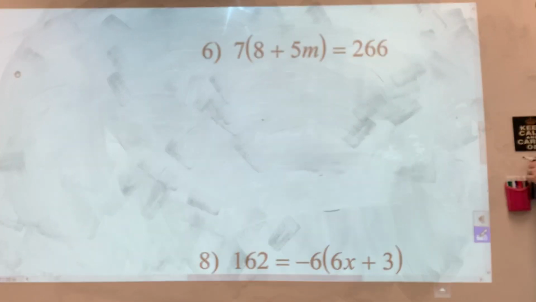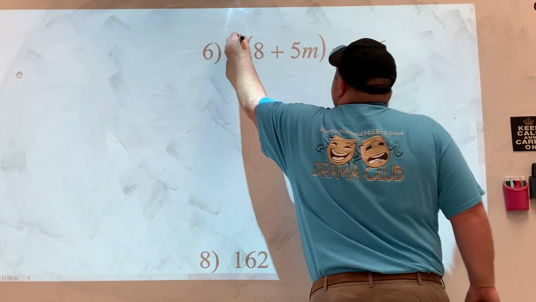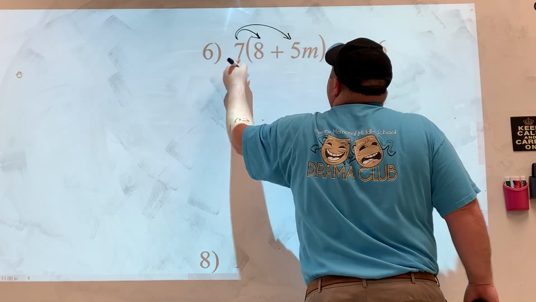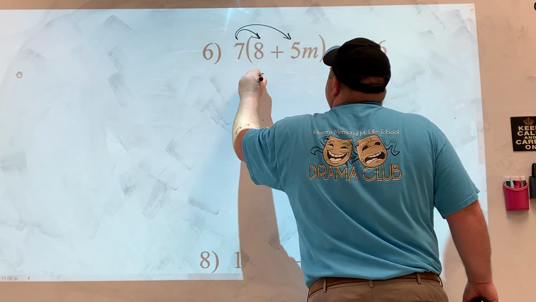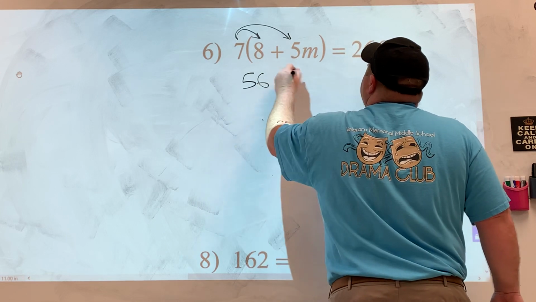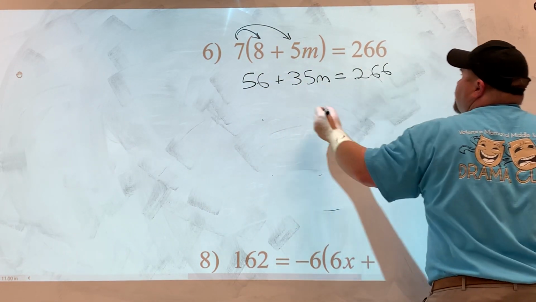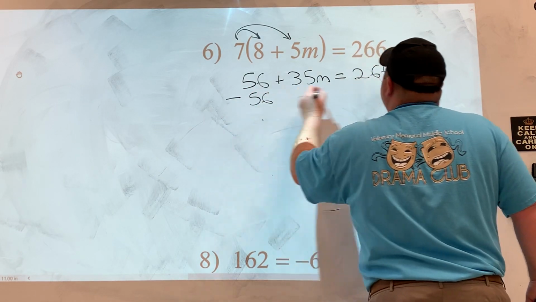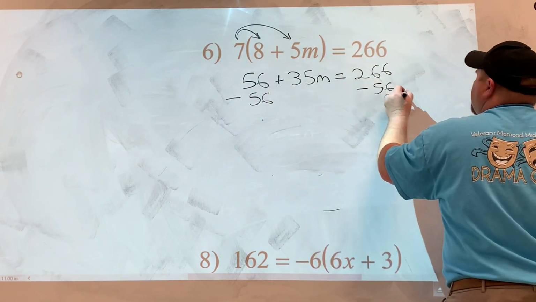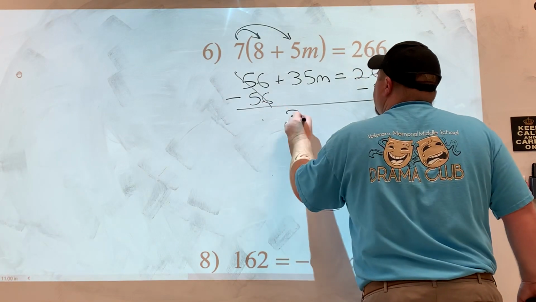Problem number 6. Distributive property. 7 times 8 is 56. 7 times 5 is 35m. 266. I need to subtract this 56 right here. All right, those cancel.